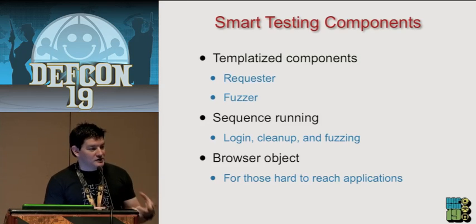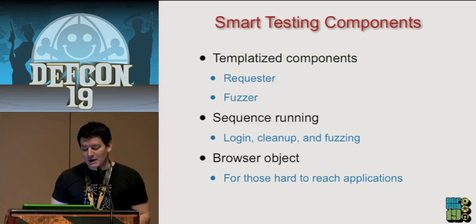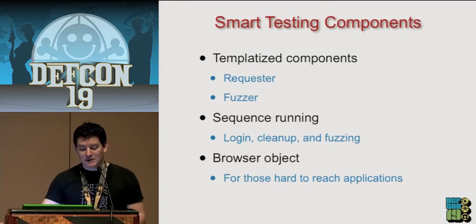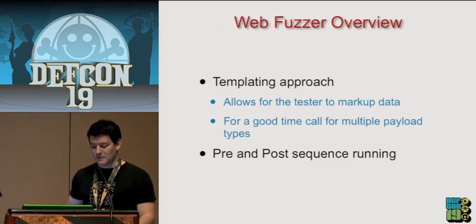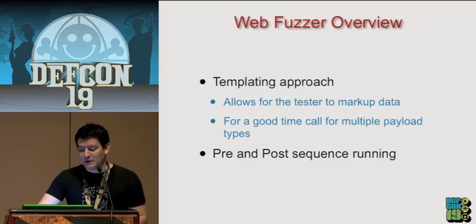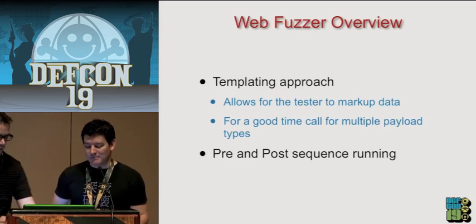So you can launch the sequence builder, build your sequence out, and then import it, or just select it from the drop-down box when you're doing your testing. And of course, we have a browser object, so that browser object can be utilized during the testing as well. Oh, yeah. So this templating approach is probably better just to show you versus explain about it.